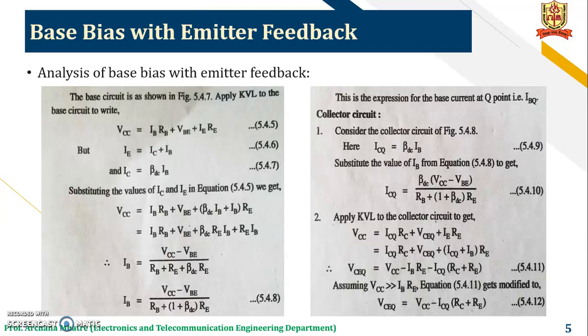IE is equal to IC plus IB and IC is equal to beta DC into IB. Then substituting the values of IC and IE in equation 5.4.5, we will get this equation. Rearranging the equation, we will get IB is equal to (VCC minus VBE) divided by [RB plus (1 plus beta) RE].